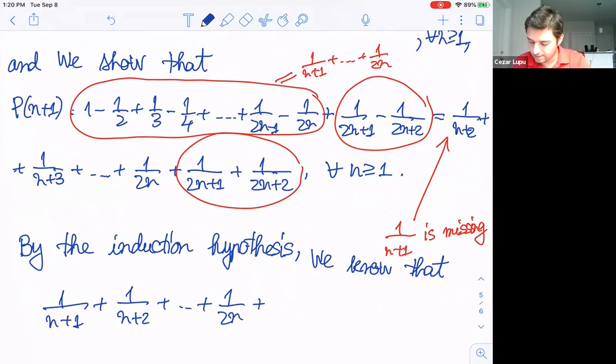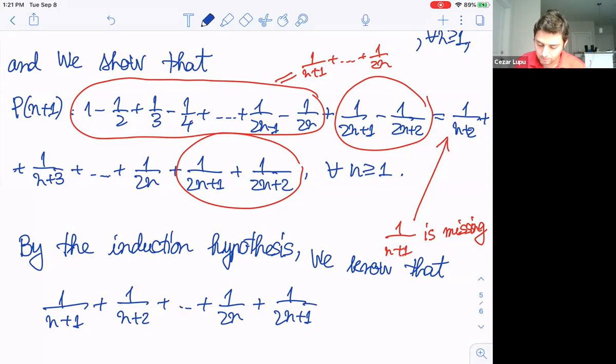And now I'm going to add and subtract that 1 over n plus 1, which is missing, right? In fact, wait. Let me look at the right-hand side. I think that's better.